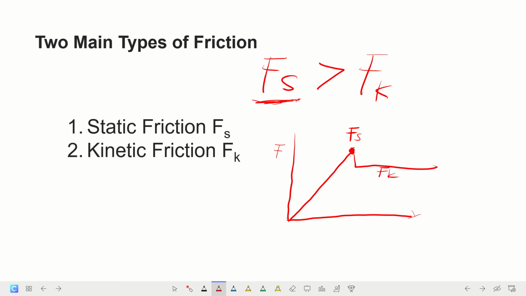So kapag na-overcome natin tong highest value of static friction given by the surfaces of the bodies in contact, then the body will now start moving and will experience kinetic friction. So the kinetic friction is less than the static friction.